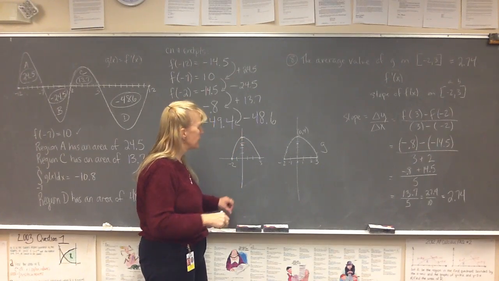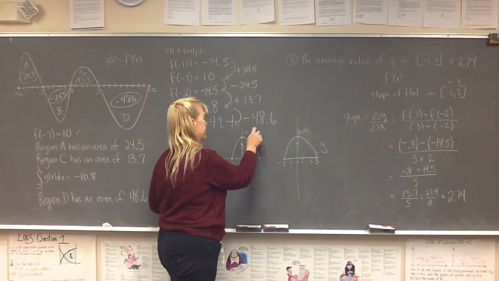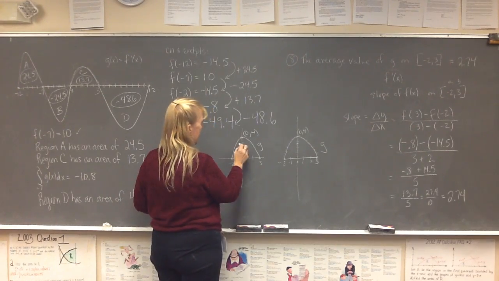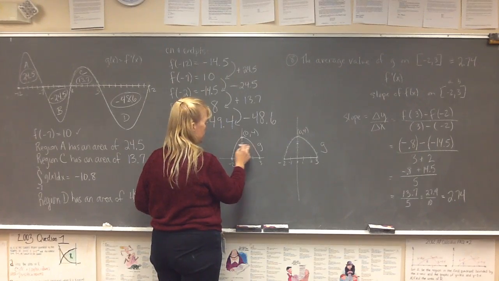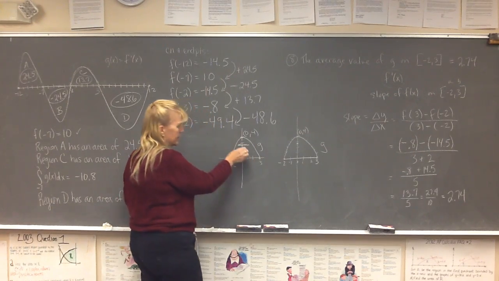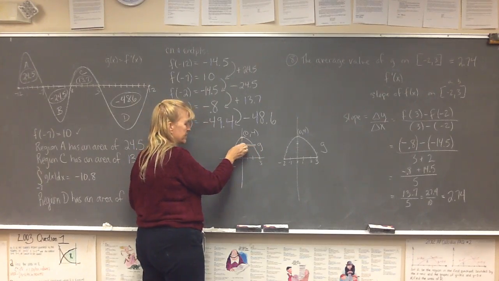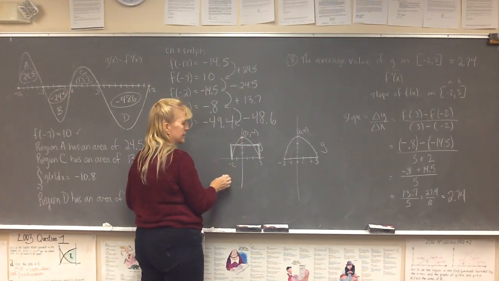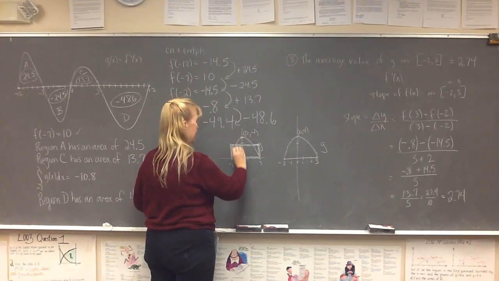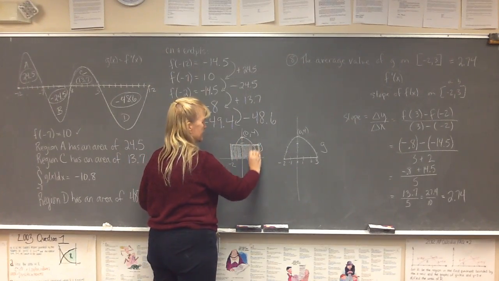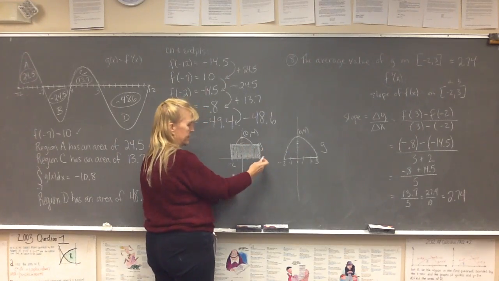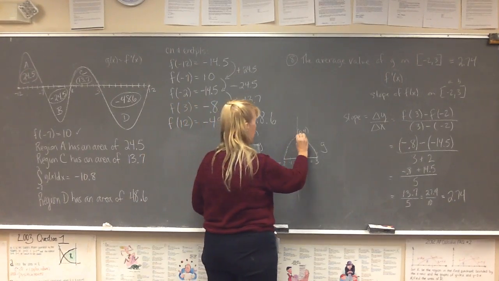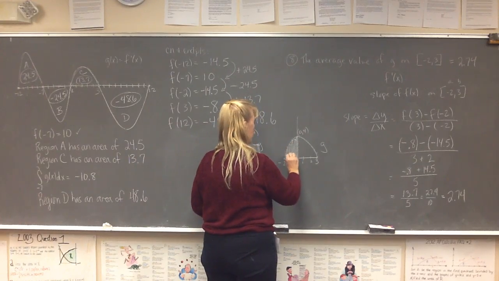So the average value of g is a particular height on g that says that the area of the rectangle that you would form with this particular g height, just like this, just like this area of some rectangle with a base going between -2 and 3, because those are your limits from a to b, is going to be the same area that you have under the curve.